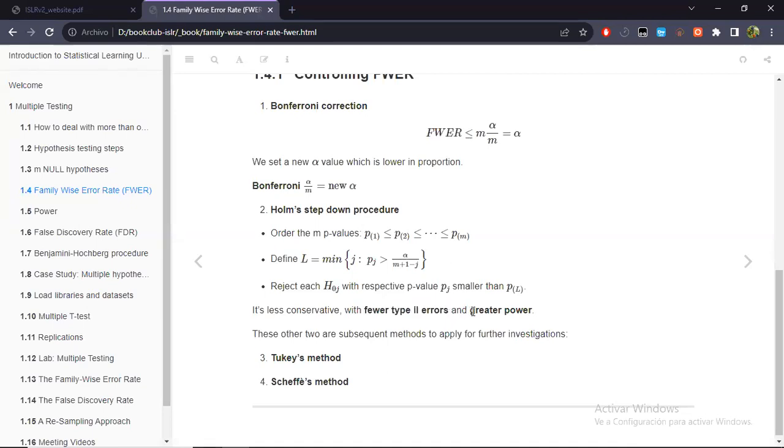And that is the same as having greater power. And power, we're going to define it in the next section.